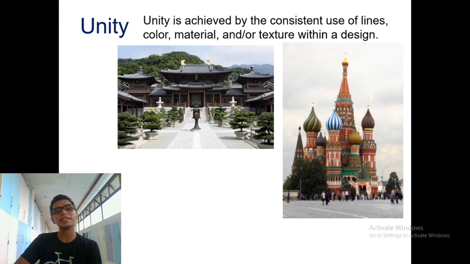So unity is achieved by the consistent use of lines, color, materials, and or texture with the design. So yun, proper usage of lines, proper usage of your design elements, no? Hindi lang lines, lahat ng mga design elements. So in effect, nakaka-create kita ng unity in our design.